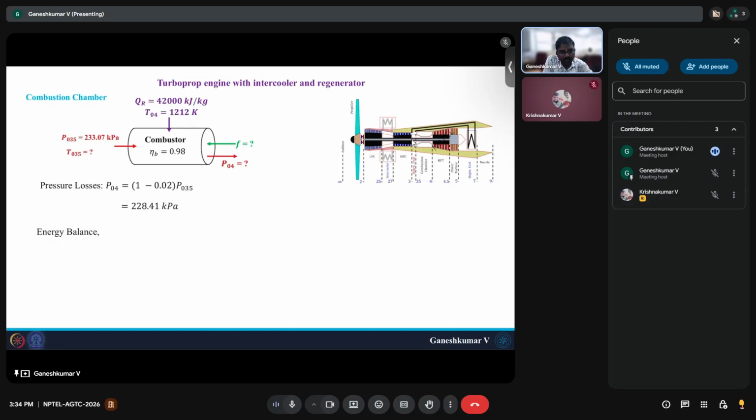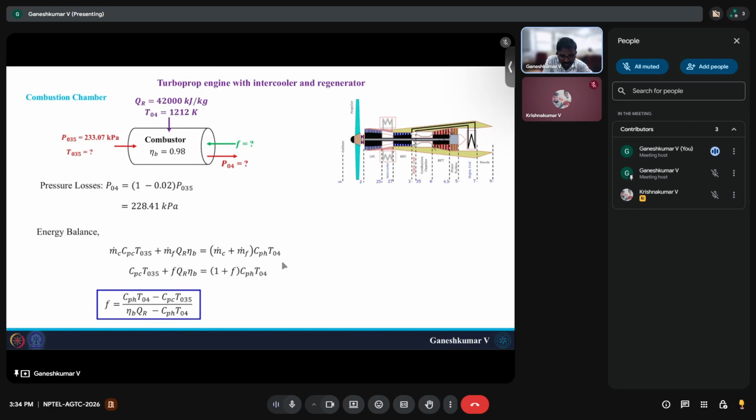The other thing we need to find is F, and for that you perform an energy balance in the combustor. The energy of the air that is entering plus the energy of the fuel times the efficiency is equal to the total mass times CPH times T04.